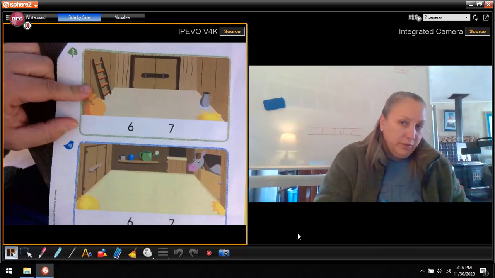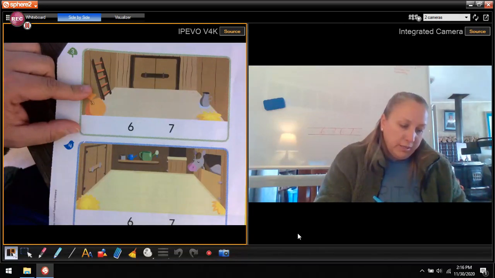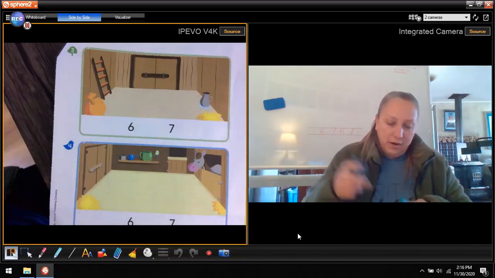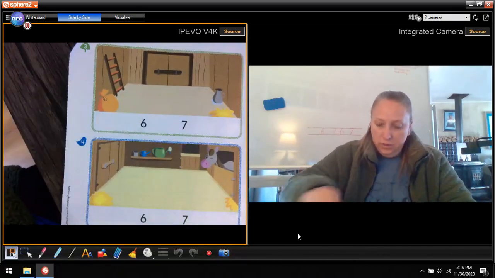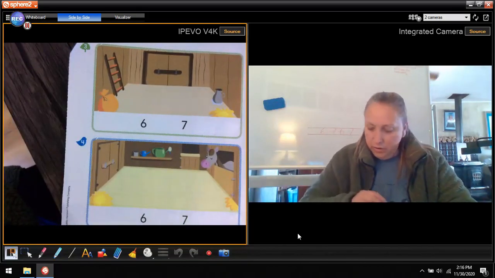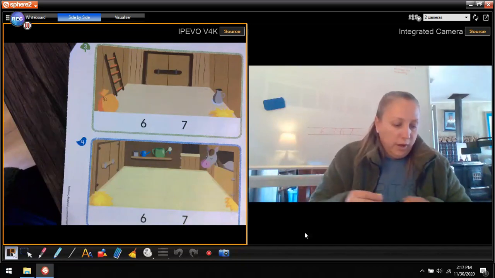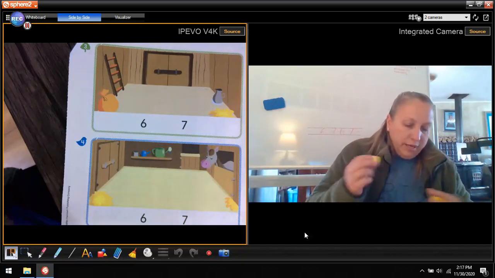For number 3, right up here at the top, it says, Maya finds 7 buckets in the barn. How can you use an object to represent each bucket? Circle the number that represents the group of buckets. All right, well, I'm going to use cubes, I think. 7 buckets in the barn.